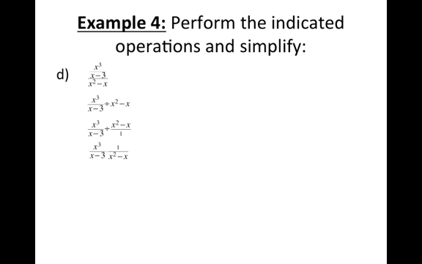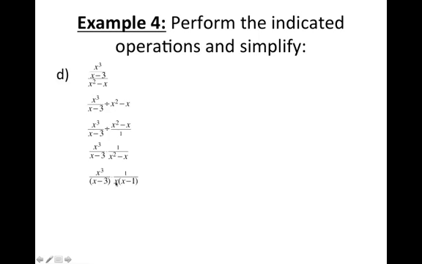All right, at this point I'm going to see if there's anything I can factor. Let's see. The x cubed, you can tell that's x times x times x. It's just a single base written to an exponent, so we're going to leave that alone. The (x minus 3), we're just going to put parentheses around it. 1's about as simple as it can get. Let's see, x squared minus x, we can factor an x out. So we have x times (x minus 1).